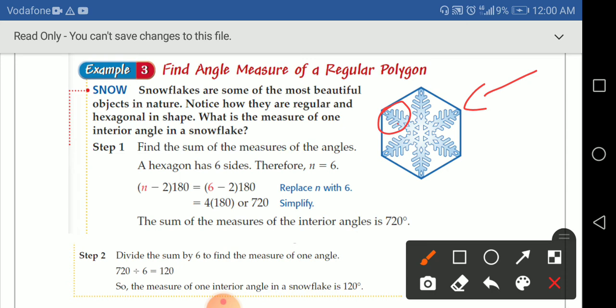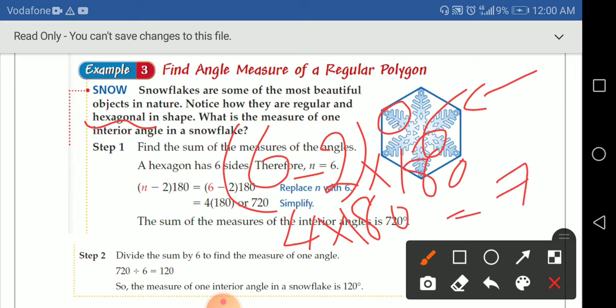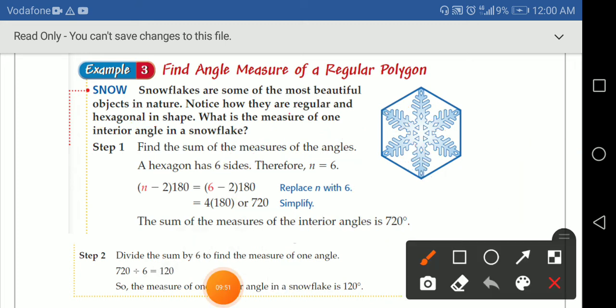The total of them, we have here a pentagon? No, this is a hexagon. Hexagon means 6. So 6 minus 2, all multiplied by the rule 180. 4 times 180 gives you 720. When I say 720, this is for the total. Is it regular or not? Yes, it's given regular, so I can get just one.